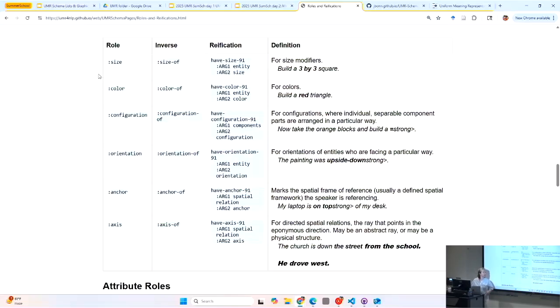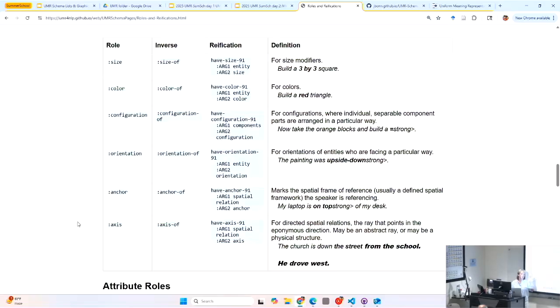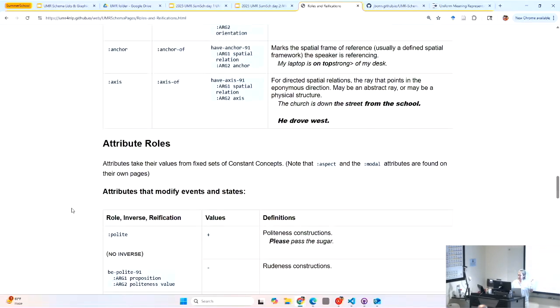Sometimes they're more informative. They let you do sentence disambiguation. So don't feel like anything that's a color, you have to use the color role. And I won't go into detail with these, but just know they're available if you're doing something grounded or fine-grained with spatial frame of reference.